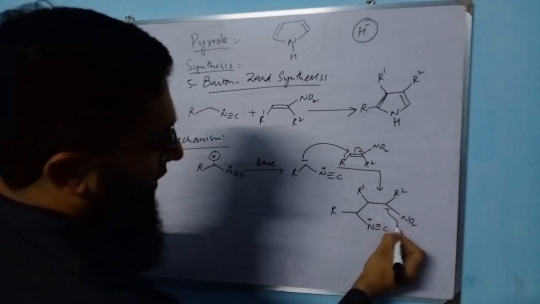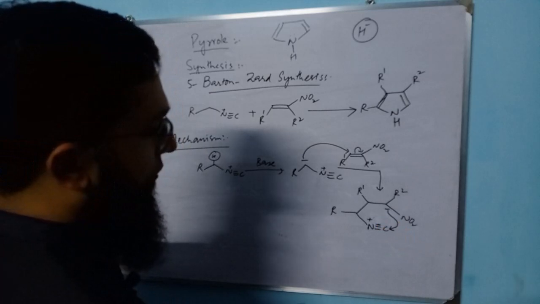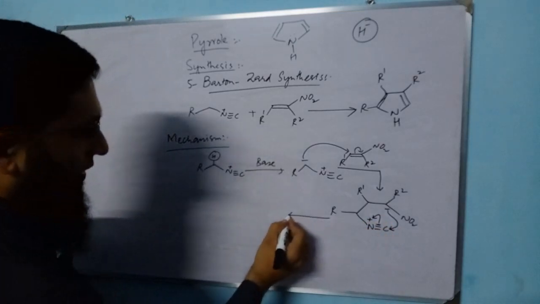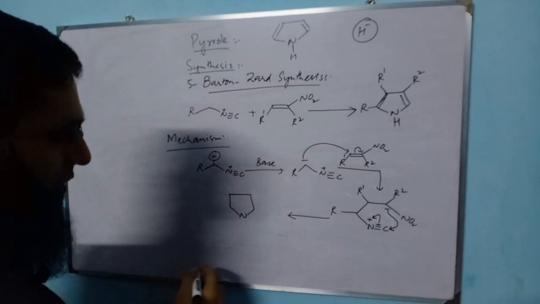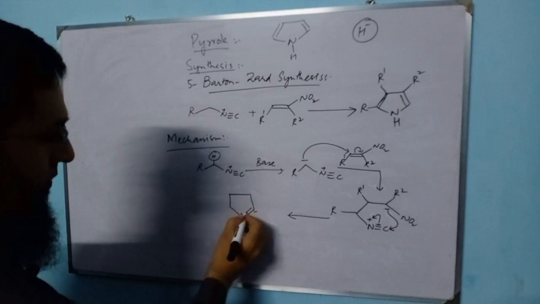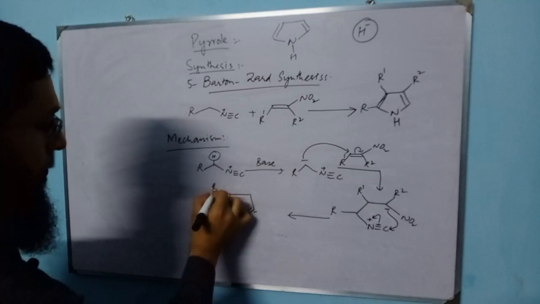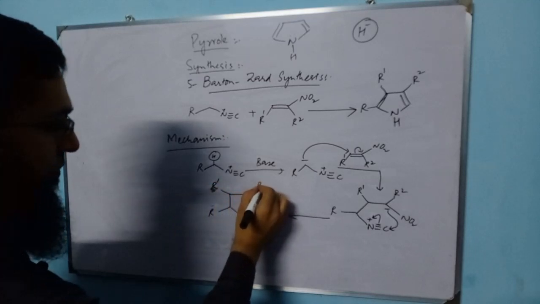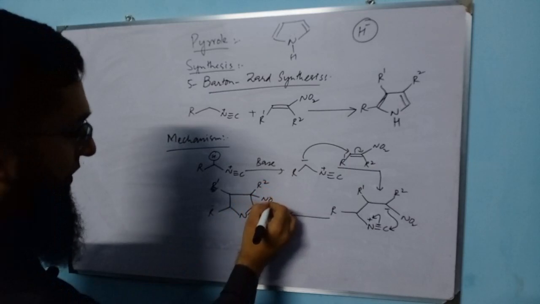This carbanion can attack here because carbenes can act as electrophile as well as nucleophile, and this bond would shift here, and as a result, this carbon would get negative charge, and here would be nitro group.